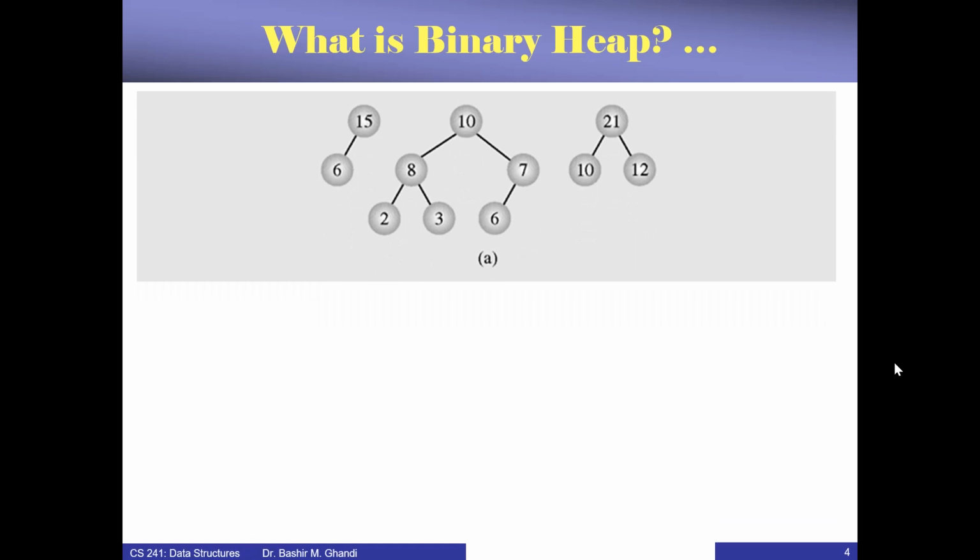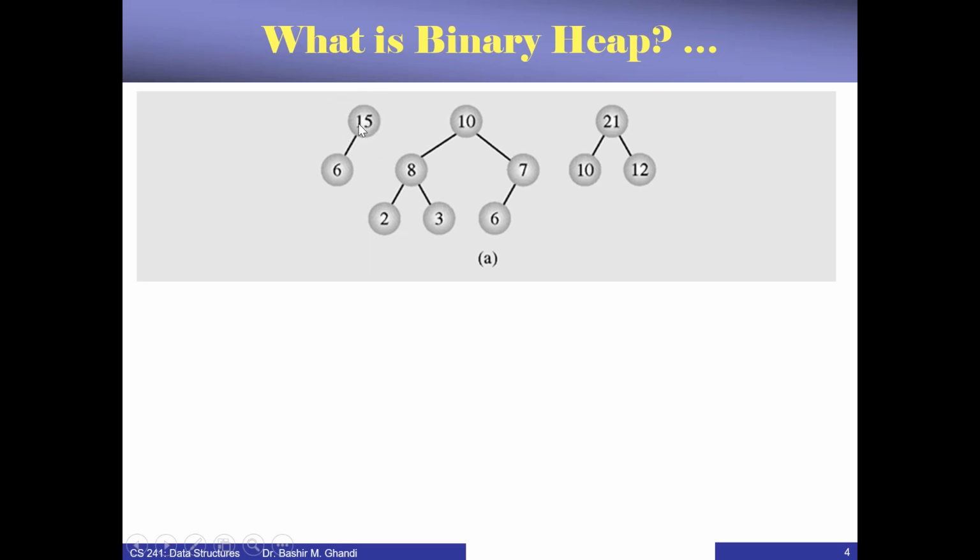Let's take some examples to see what this definition actually means. All the examples we are seeing here in figure A are valid max heaps. They are all binary heaps of the type max heap. To check whether a binary tree is a max heap, we have to check the two properties. Obviously, all these trees are complete.